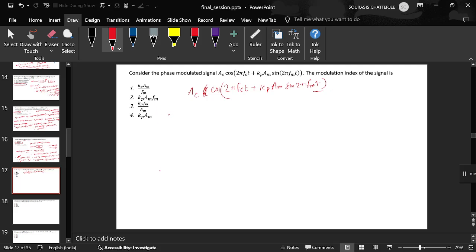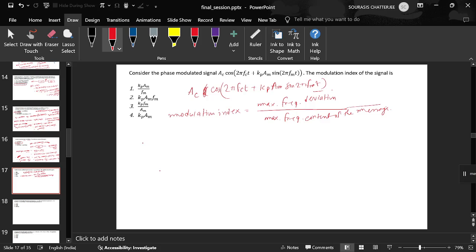First of all, the modulation index is defined as maximum frequency deviation divided by maximum frequency content of the message.